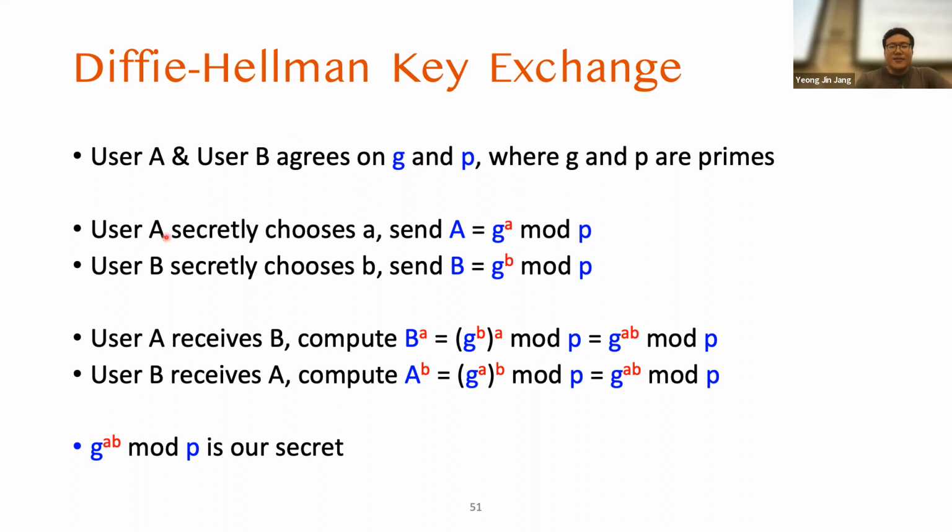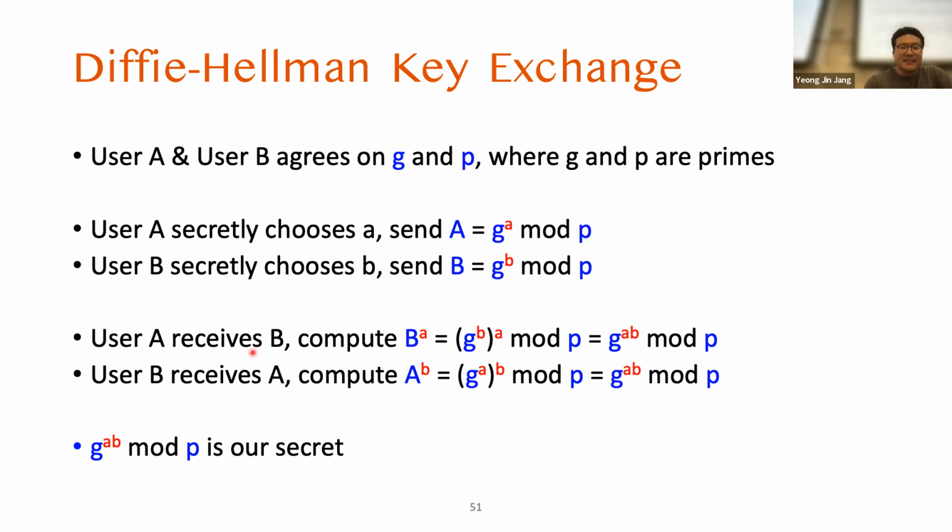Then user A will secretly choose a, the small a, and compute the capital A, which is G to the A modulo P. User B, after choosing G and P, can choose a secret b, and generate the capital B, G to the b mod P. Then we exchange capital A and capital B, not the small letters a and b.